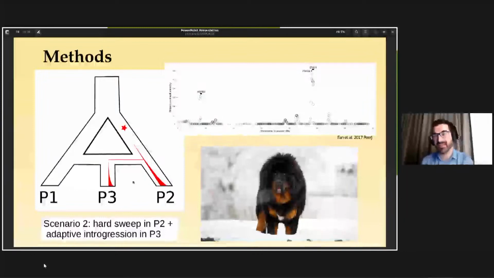That's something that can be very easily simulated with SLiM. You just need to, at a point in time, let's say 20 generations after the onset of a beneficial mutation, just change the selective coefficient, and then continue.